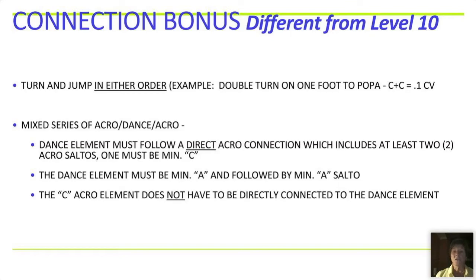Just a note that the C acro salto prior to the dance element does not have to be directly connected to it. So they could do a C acro directly connected to an A and then an A dance followed by an A salto. So the only variation here is that the C acro does not have to be the one that's directly connected to the dance element.